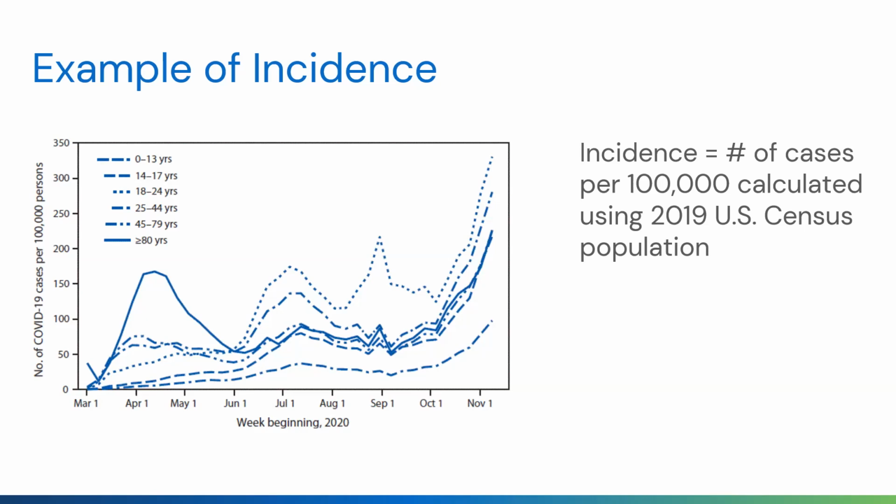And this is a trend line, so you can look at the incidence of new cases per 100,000 calculated using the US Census population, because it's common to standardize the data using the census population as a denominator. So how many people live in the US, and to use that as a standard for how many people are at risk for the disease.